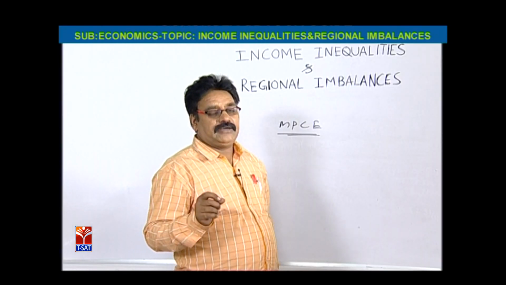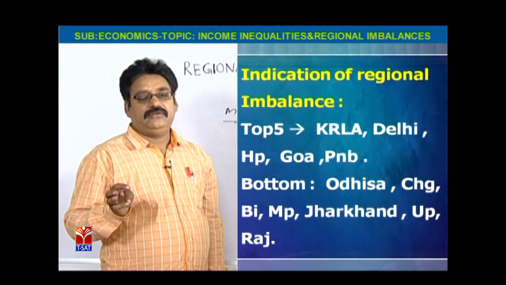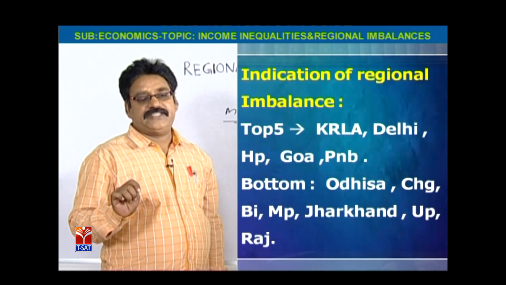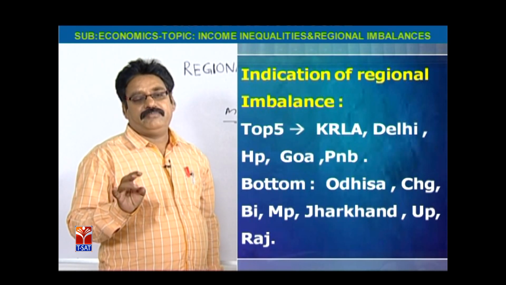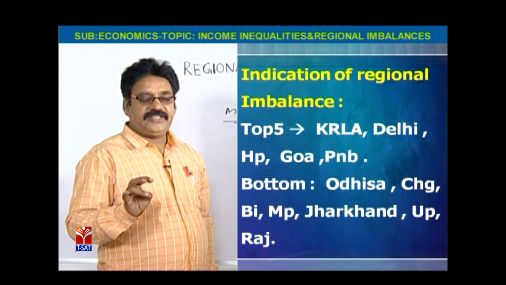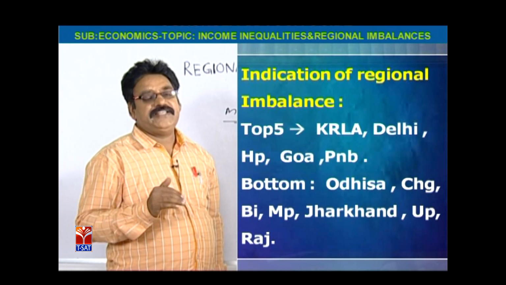According to the HDI reports, the top 5 states are Kerala, Delhi, Himachal Pradesh, Goa and Punjab. The bottom are Odisha, Chhattisgarh, Bihar, Madhya Pradesh, Jharkhand, Uttar Pradesh and Rajasthan.